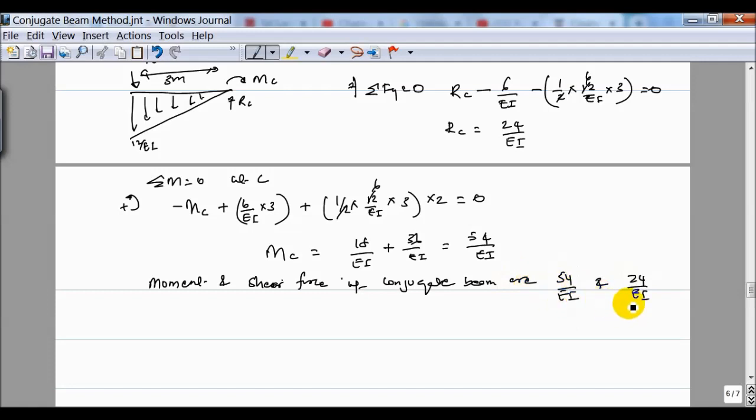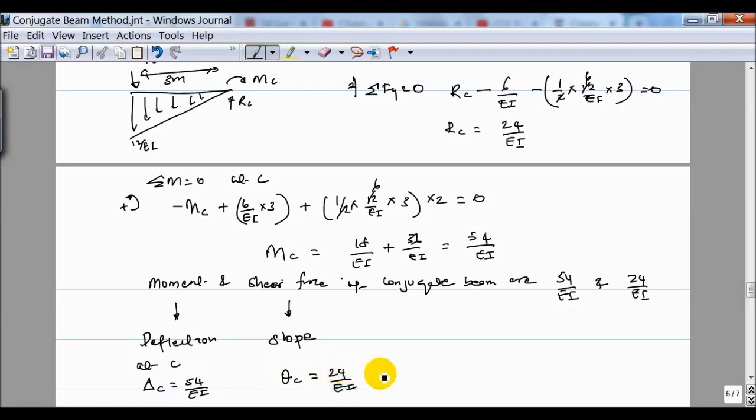You would have seen that in many examples earlier. So now moment and shear force of a conjugate beam correspond to deflection and slope. So deflection at C, delta C, is equal to 54 over EI. You substitute the value for EI to obtain the actual value, and then slope at C is equal to 24 over EI.